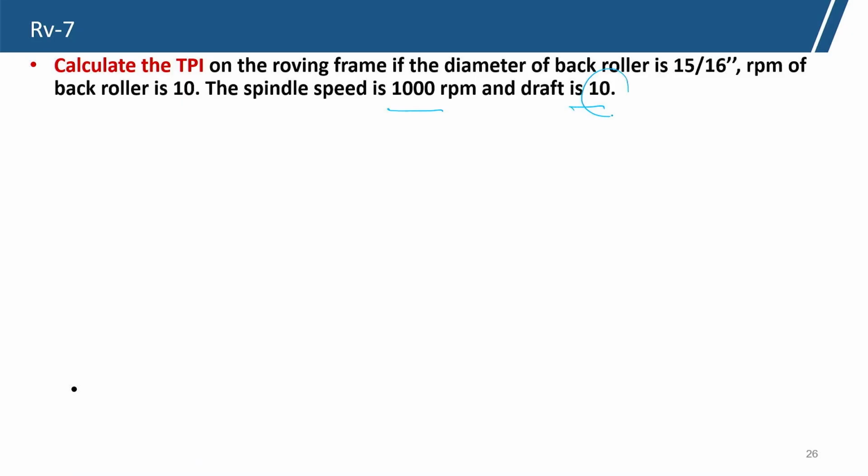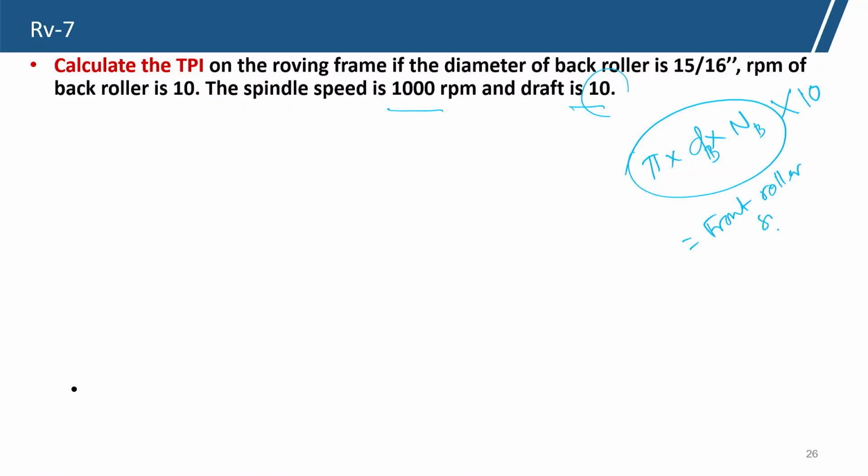So, for the back roller speed, we calculate pi d n of the back roller. If we know the back roller speed, then if we multiply by the draft, it will be the front roller speed.